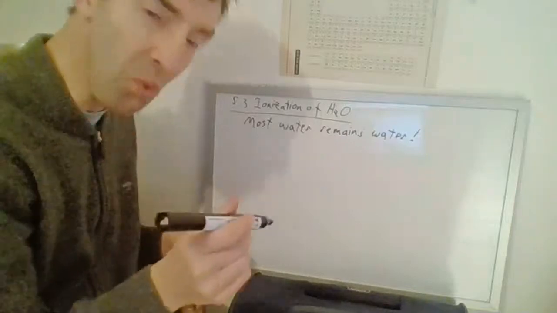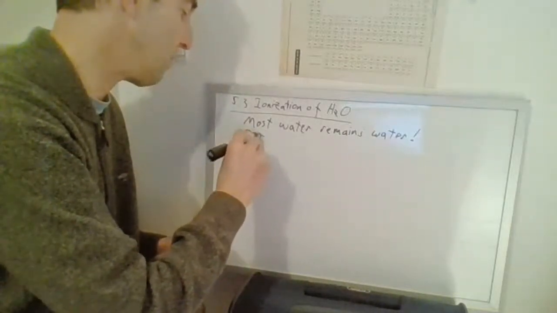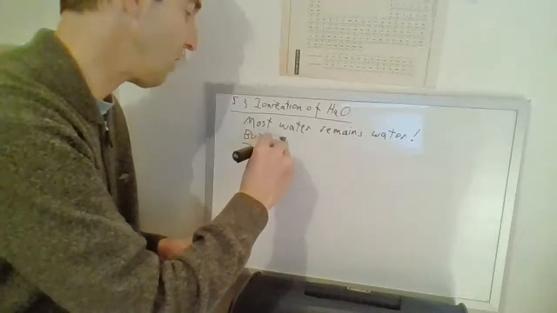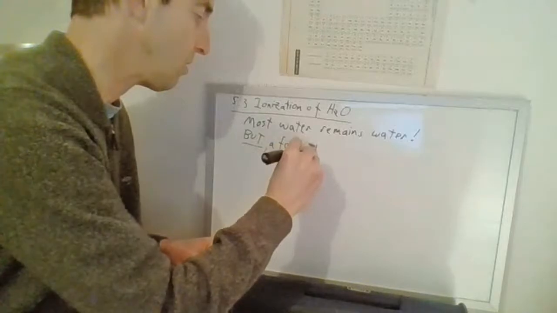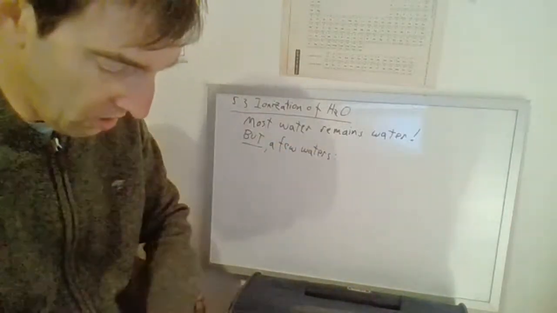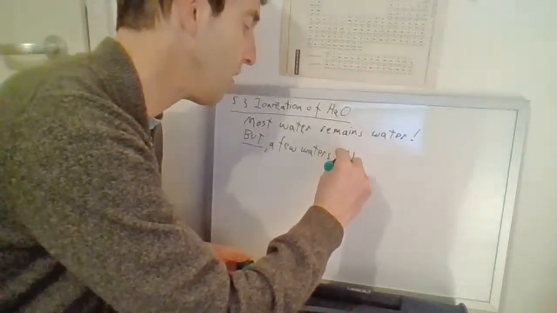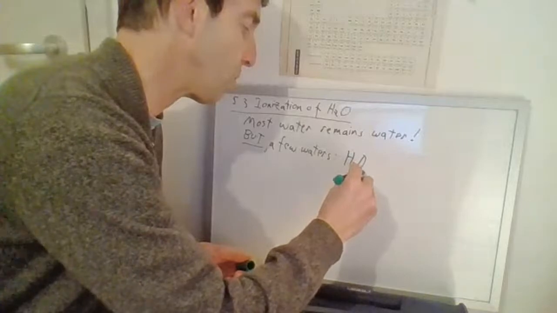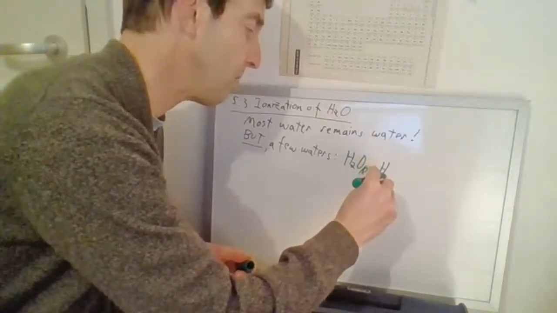However, a few waters do this. So here's the big but. A few waters will do this little reaction. Okay, so I got a water plus a water, H2O liquid plus an H2O liquid.